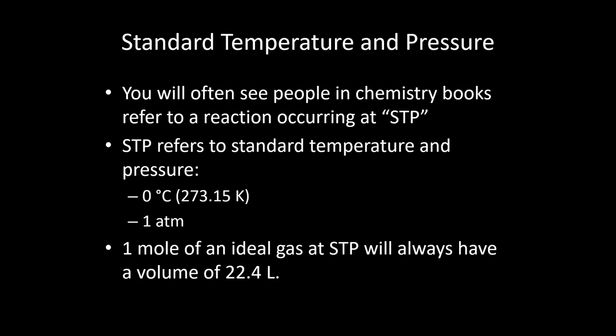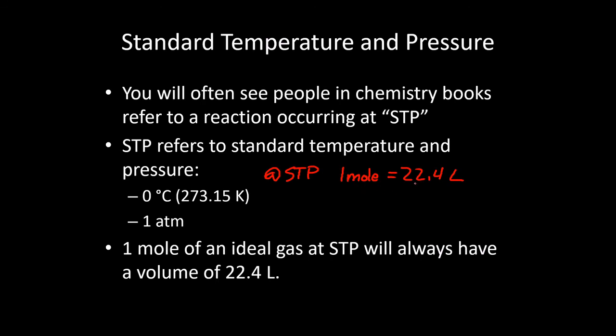One situation where this is kind of nice is if you're at STP and all you're trying to do is convert between the number of moles of gas and the volume. You can use this little shortcut here, where if you're at STP, you actually have a conversion factor between moles and volume. No matter what gas you're dealing with, if you're at STP, 1 mole of that gas will occupy 22.4 liters.